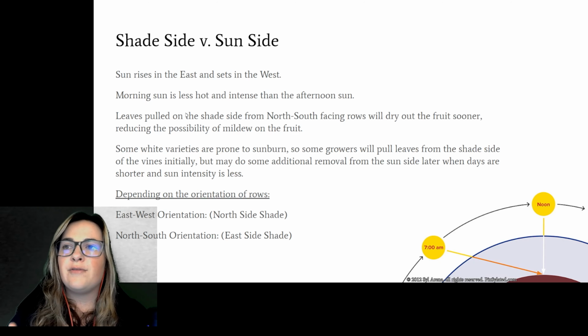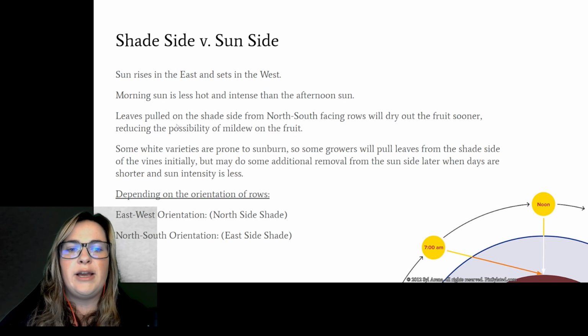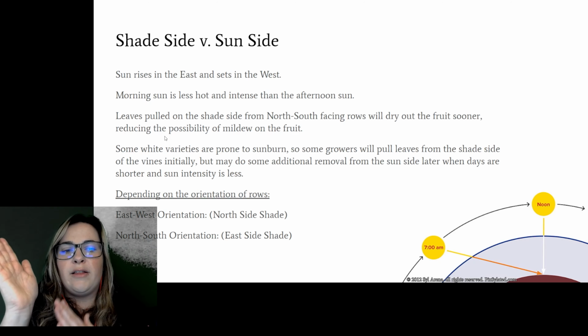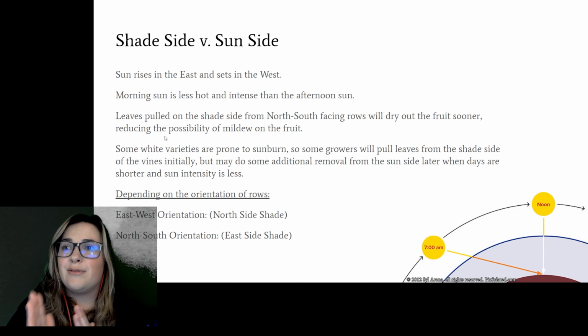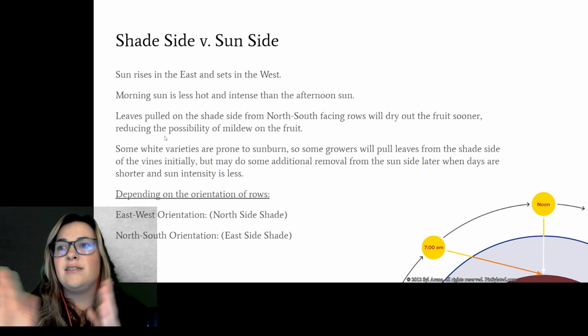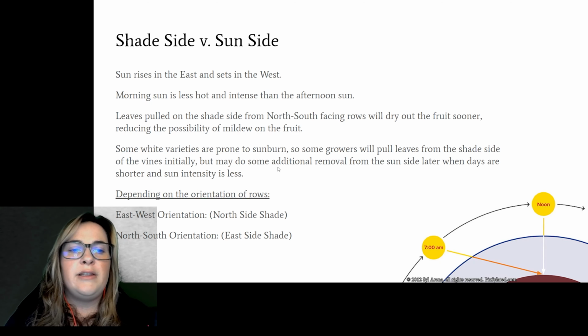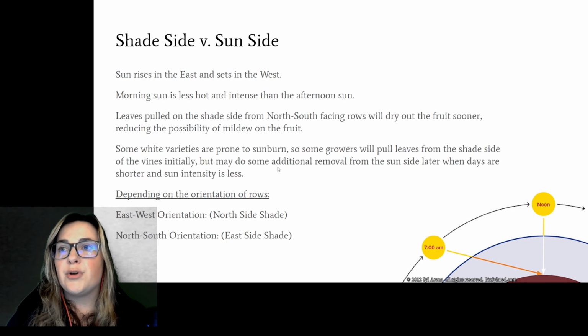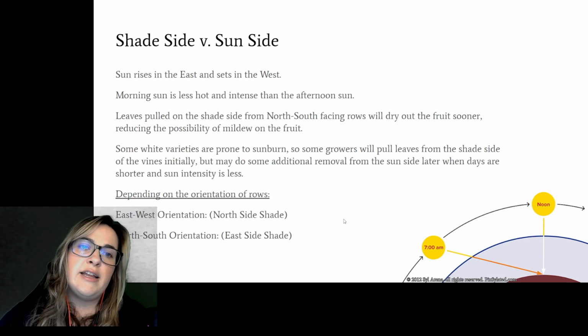It gets a little confusing sometimes, but just think about where the sun rises and where it sets. Some people have northeast to southwest rows, or vice versa, so it gets a little complicated. But ultimately, you're trying to promote growth, prevent sunburn, prevent mildew formation, and other things too. So think about shade side versus sun side.